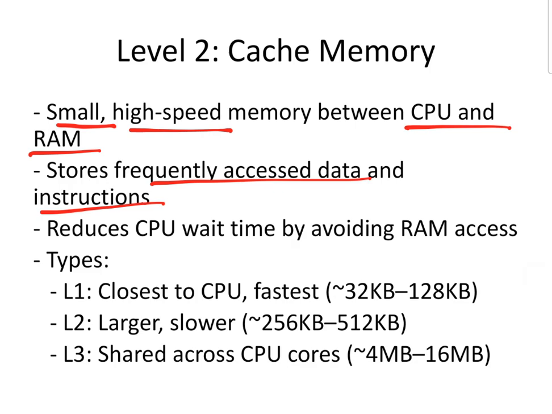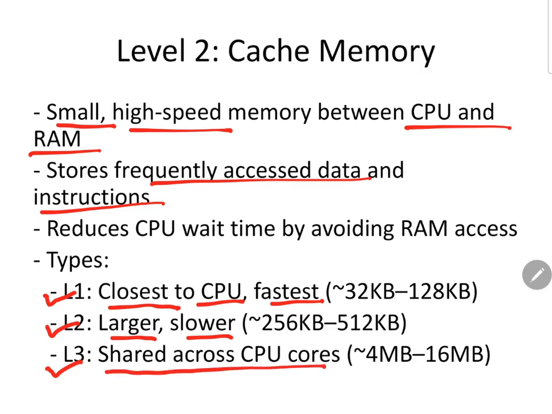There are basically three types of cache memory, L1, L2 and L3. L1 is closest to the CPU and it's the fastest one. L2 is larger but a bit slower. Then L3 is shared across the CPU cores.